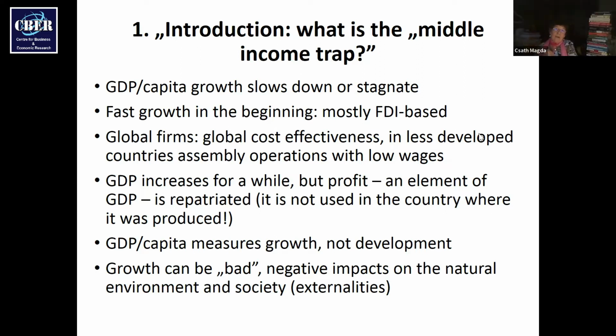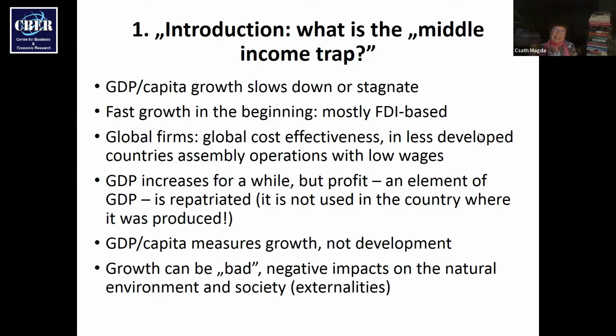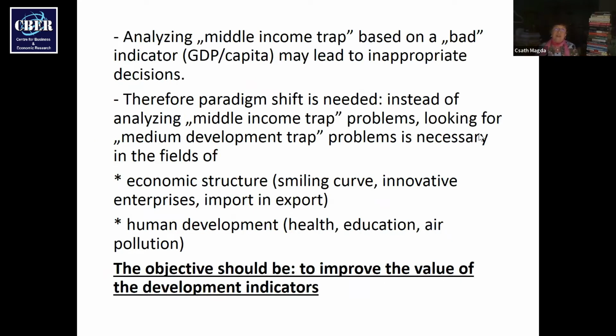So the repatriated profit is an element of GDP, but it cannot be used for development locally because it leaves the host country. So this is the reason why measuring development by using GDP per capita indicators is not useful for analyzing development gaps between the more developed and the less developed nations.